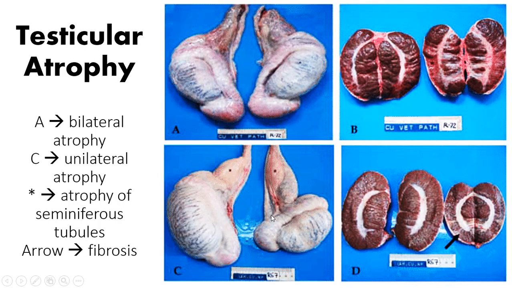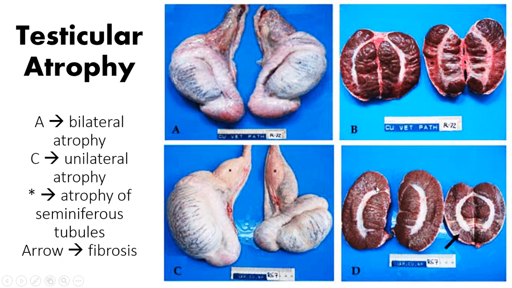In cases of atrophy, when we do necropsy and cut the organs, you can see that in organs with atrophy, the fibrous tissue, the whitish part here, will be thicker than normal.